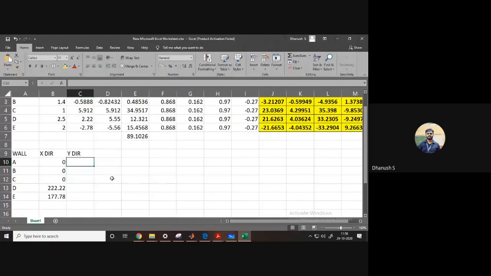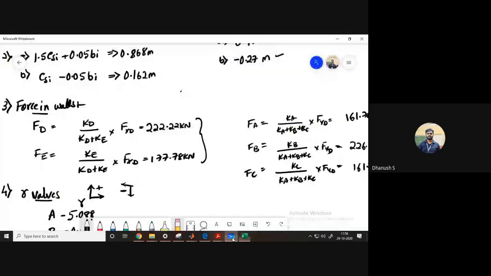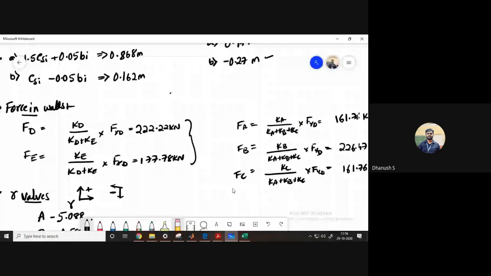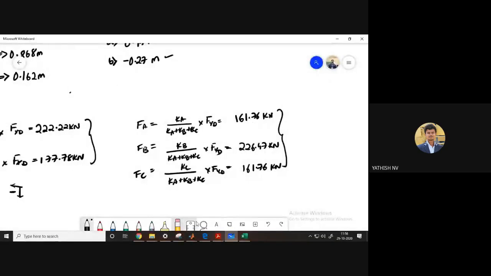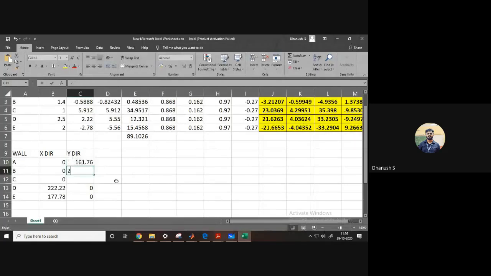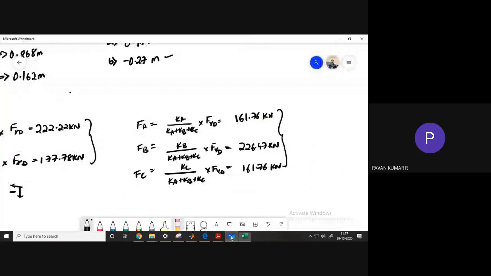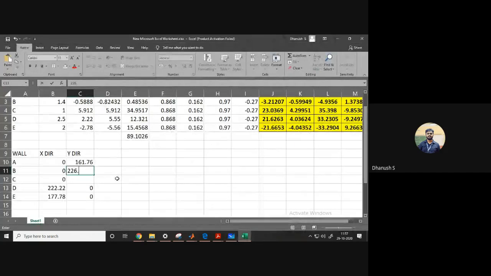Next, when the force is acting along y direction, the forces along walls D and E will be 0, and the forces along walls A, B, and C will be whatever we just calculated. 161.76. You guys remember the values? 161.76, 226.47. The last one is the same, 161.76.